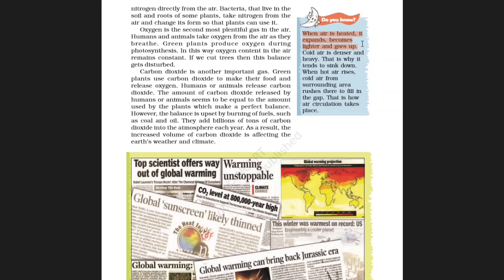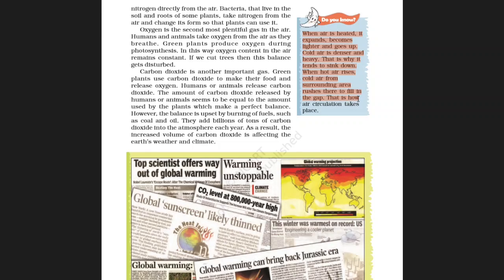Cold air is denser and heavy compared with hot air, and that is why it tends to sink down. When hot air rises, cold air from the surrounding area rushes there to fill in the gap.